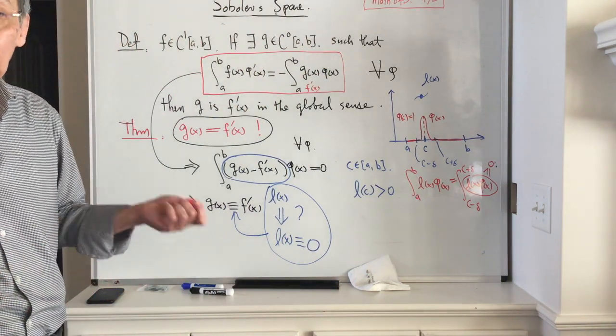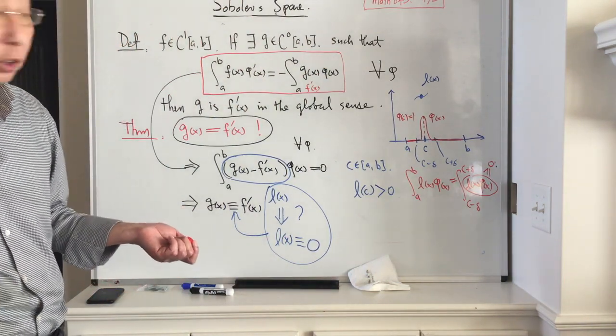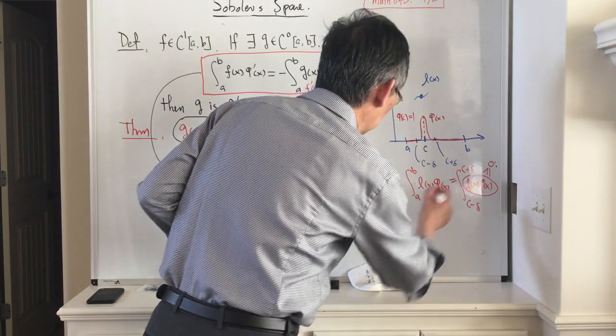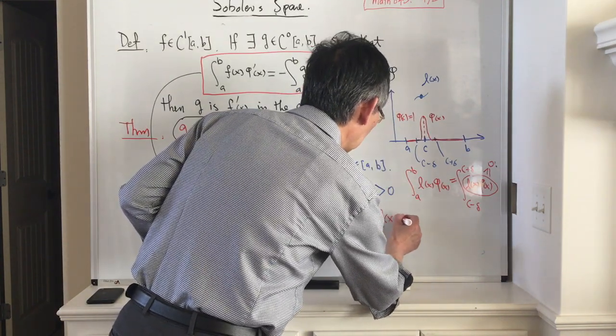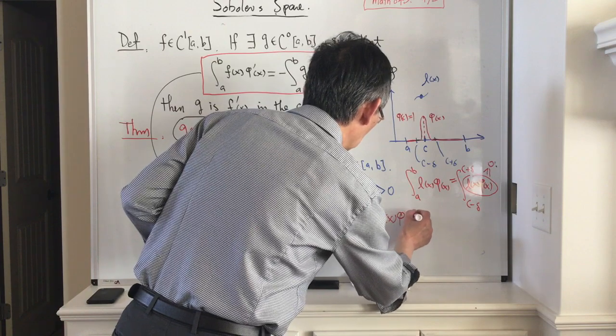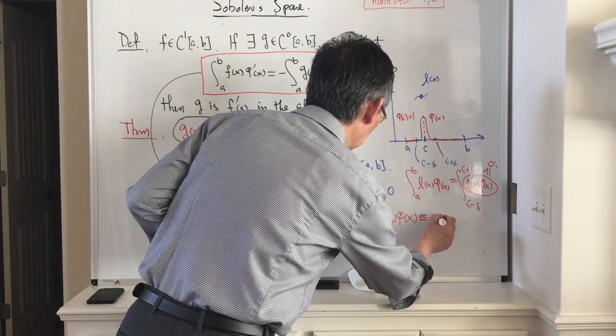But the integral equals 0. So this means that this function has to be identically equal to 0. Therefore, L(x) times phi(x) has to be identically equal to 0.